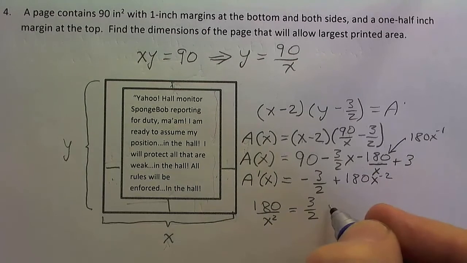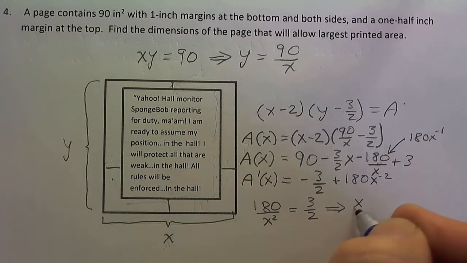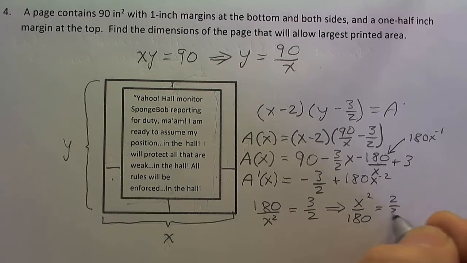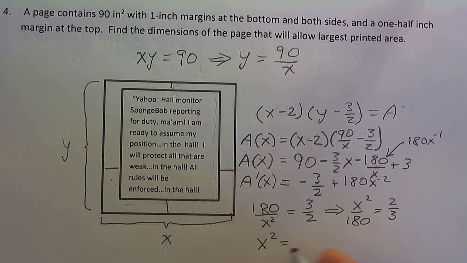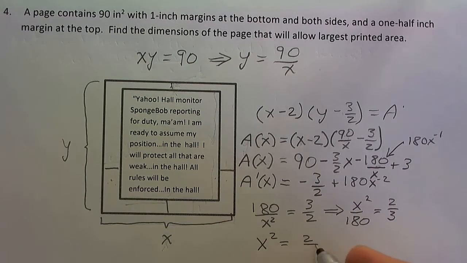I guess I can reciprocate both. So I've got x squared over 180 equals 2/3. Now multiply both sides by 180, and I get 2/3 times 180.